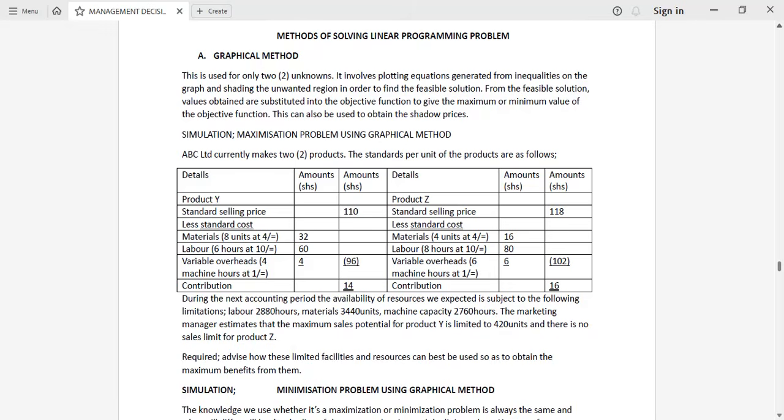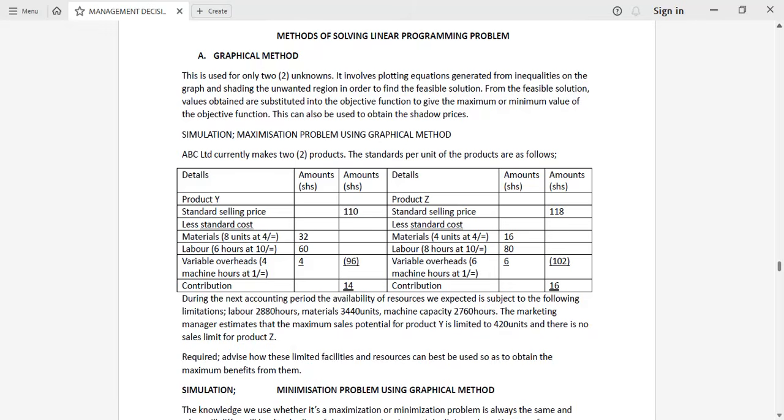So this is very important. When we get those inequalities, we formulate the equations. From the equations, we get values that we are going to plot on the graph. After plotting all the equations, we are going to get the feasible solution, or the feasible area.